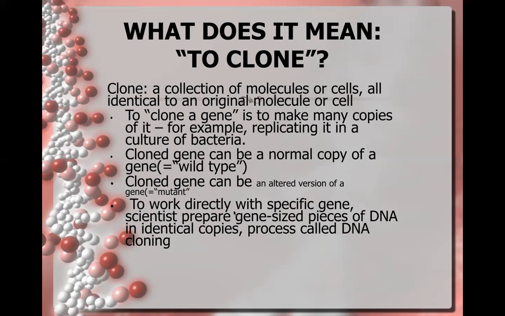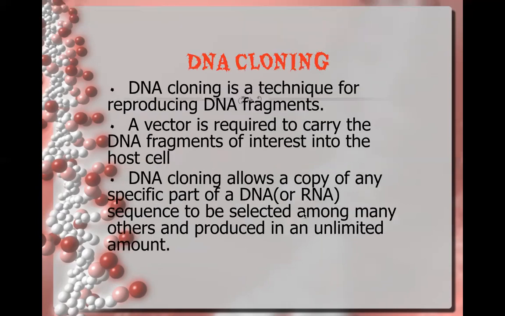And to work directly with specific genes, scientists prepare gene-sized pieces of DNA in identical copies. It's called DNA cloning. So this is again the technique for reproducing DNA fragments.